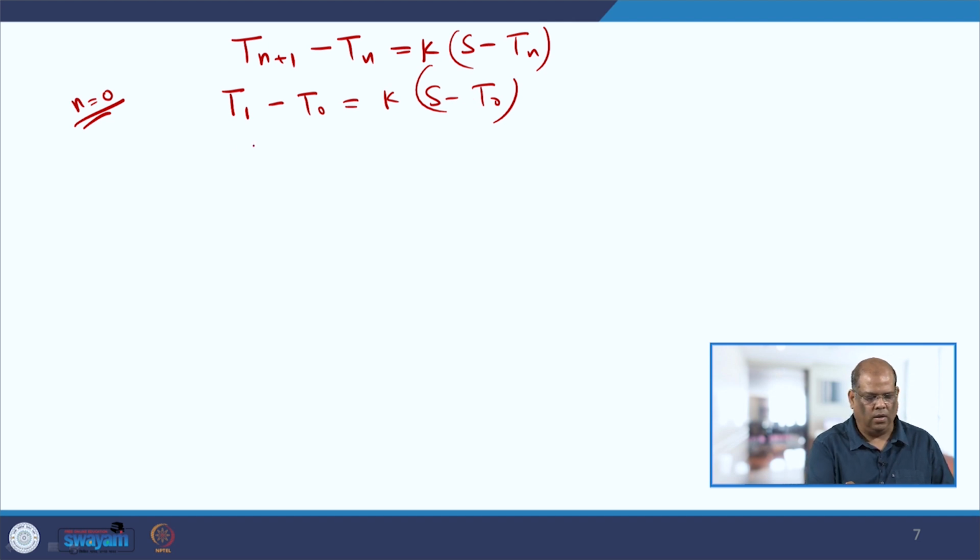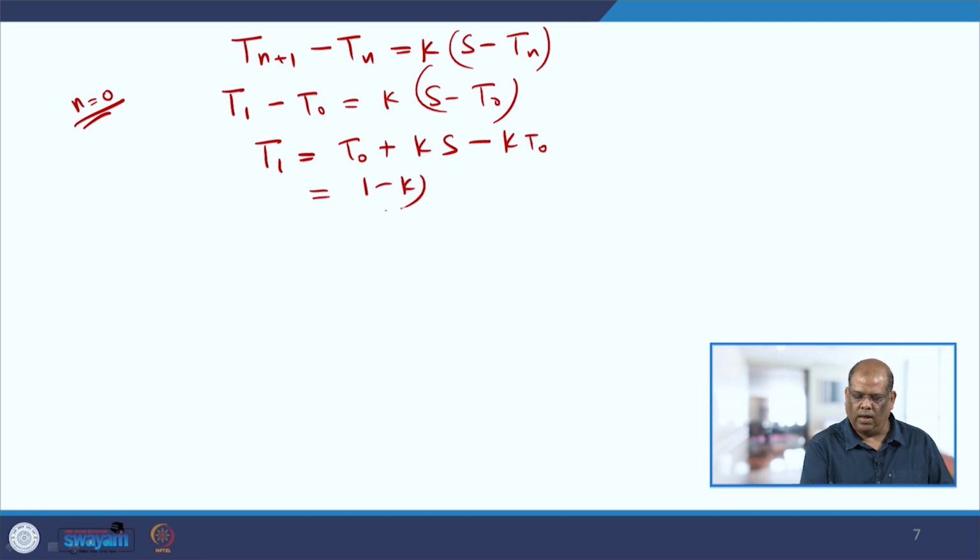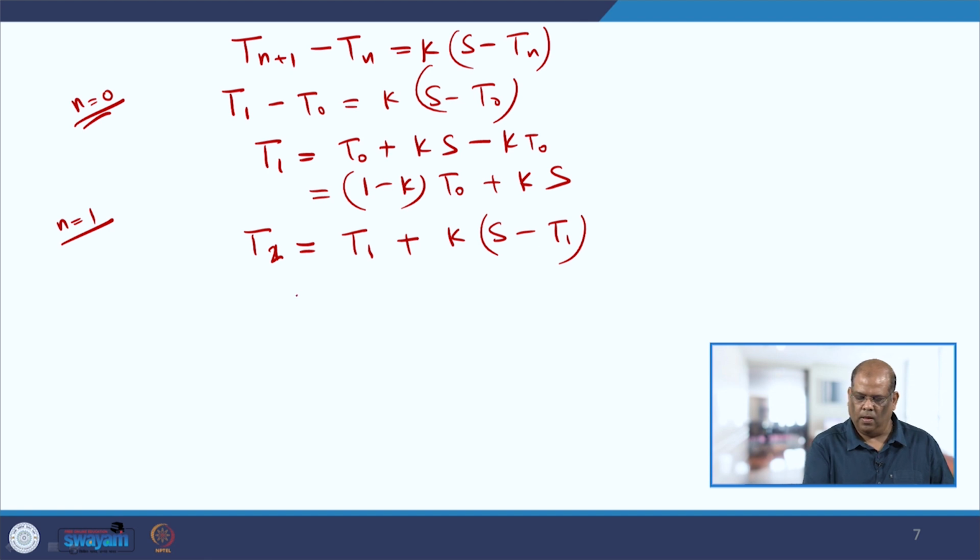Similarly, you can get T1 is equal to T0 plus kS minus kT0. So, T1 is (1 minus k) times T0 plus kS. If I want n equal to 1, T2 is equal to T1 plus k times (S minus T1). So, this is (1 minus k) times T1 plus kS.